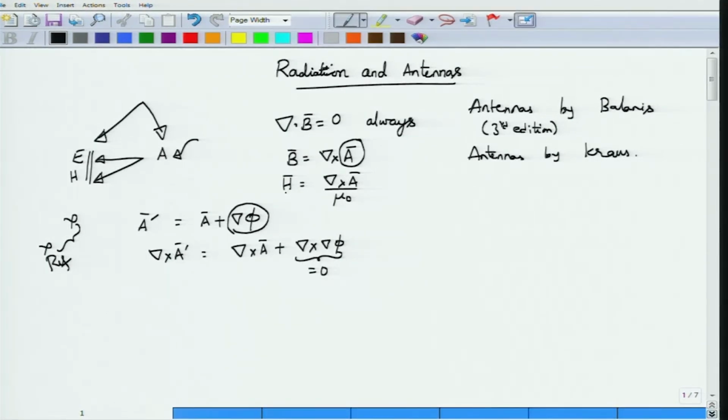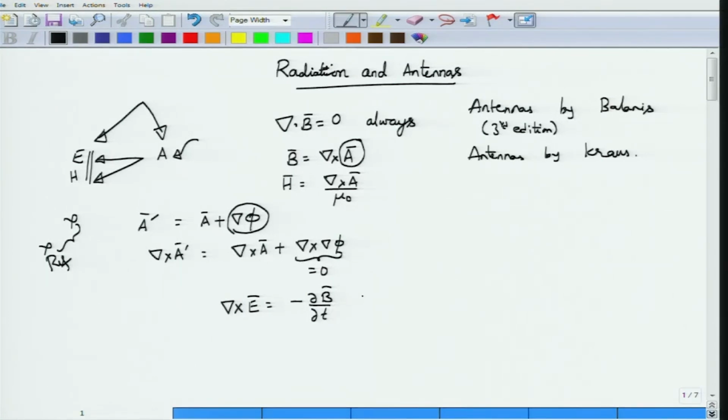So we have a relation for H and A, we still require a relation for E. How can we obtain a relationship for E? I already know that curl of E is equal to minus del B by del t. This is from one of Maxwell's equations.